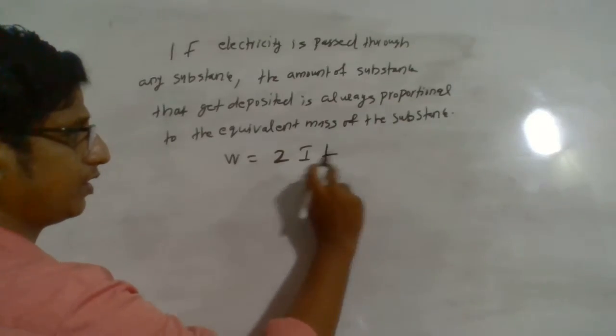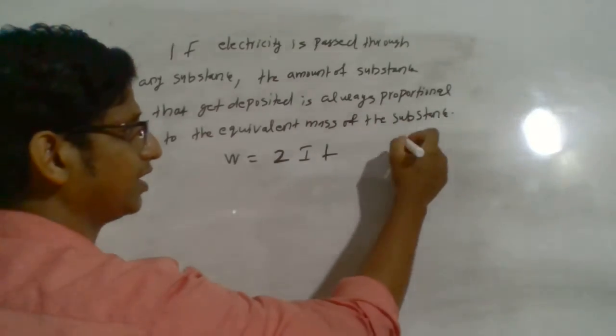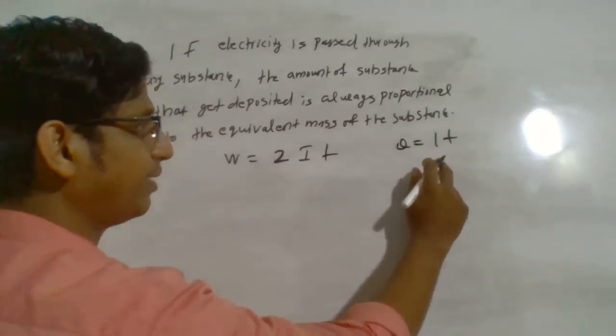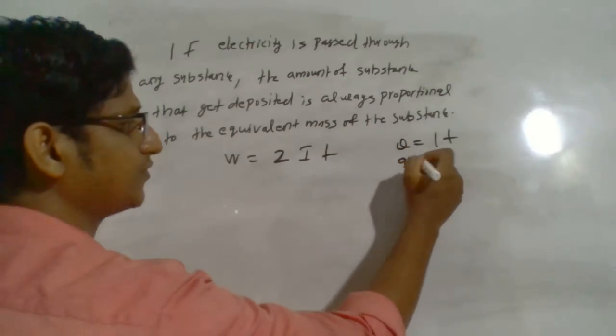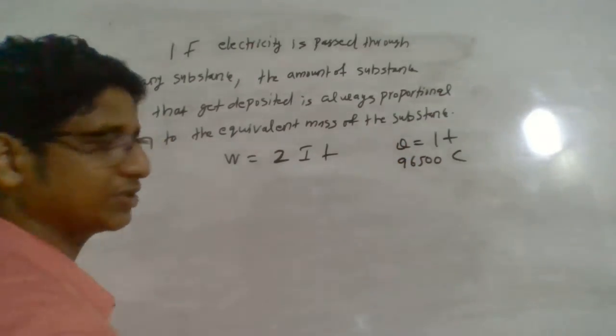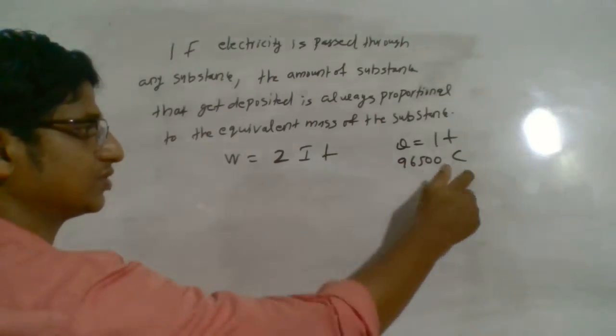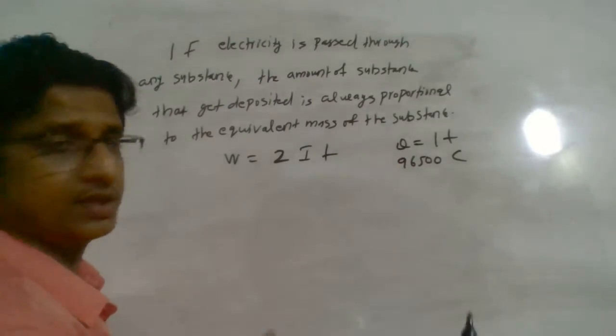We know Q is equal to IT, right? So imagine 96500 coulomb electricity is passed through. 96500 coulomb is nothing but 1 farad.